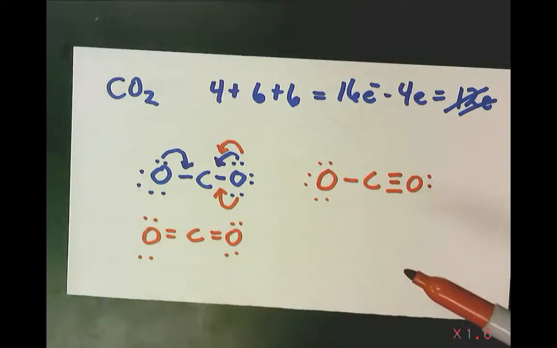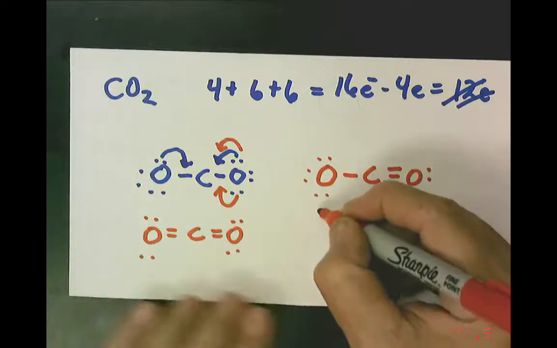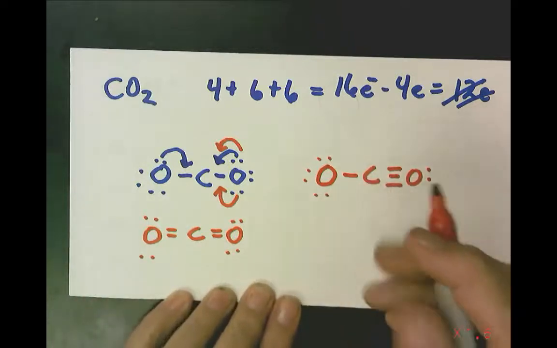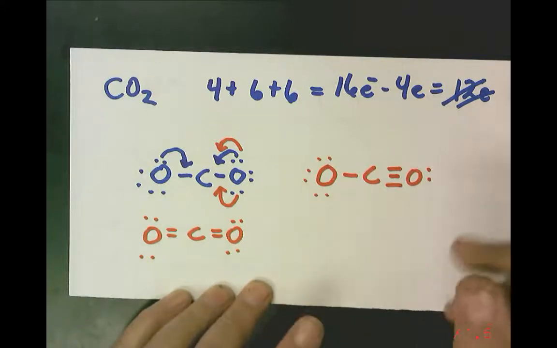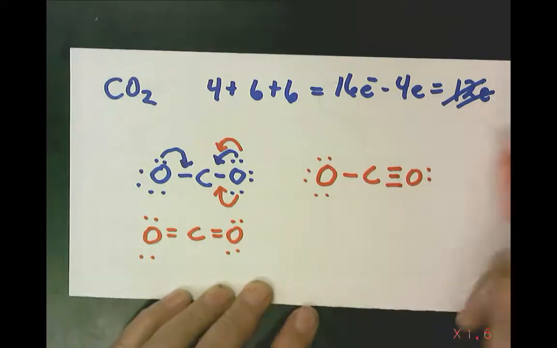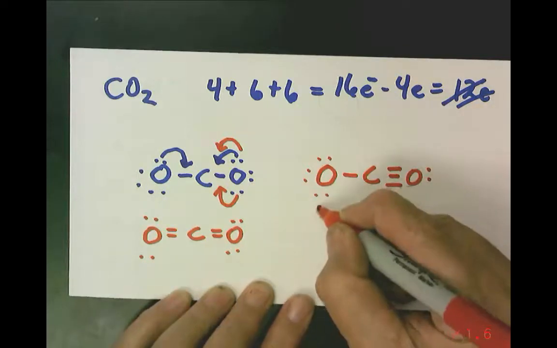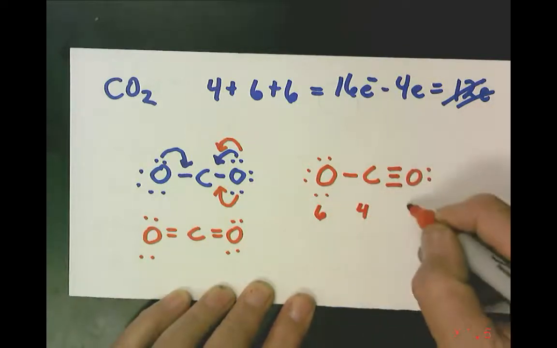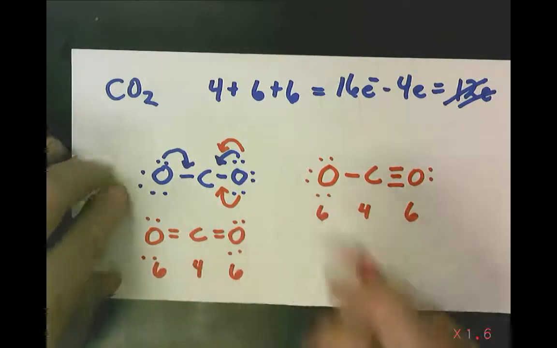So now you use the formal charges to see which one you would use. Okay, and remember, formal charge is a bookkeeping system. It doesn't mean anything except for helping you to decide which structure is more correct. Okay, so 6 valence electrons, 4 valence electrons, 6. So 6, 4, 6.